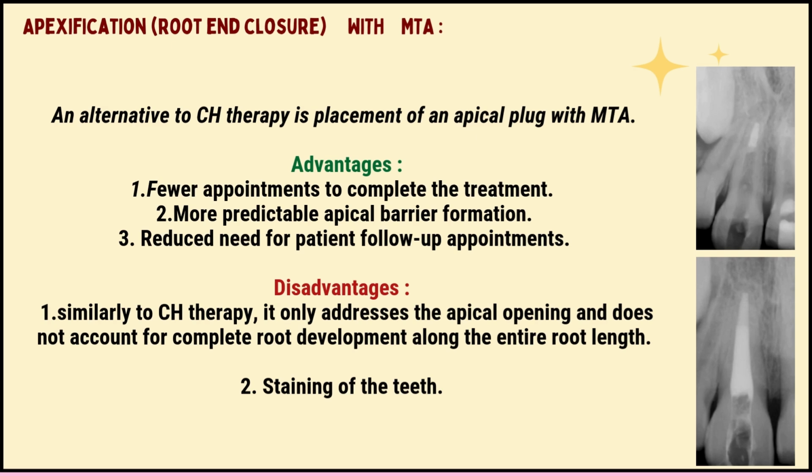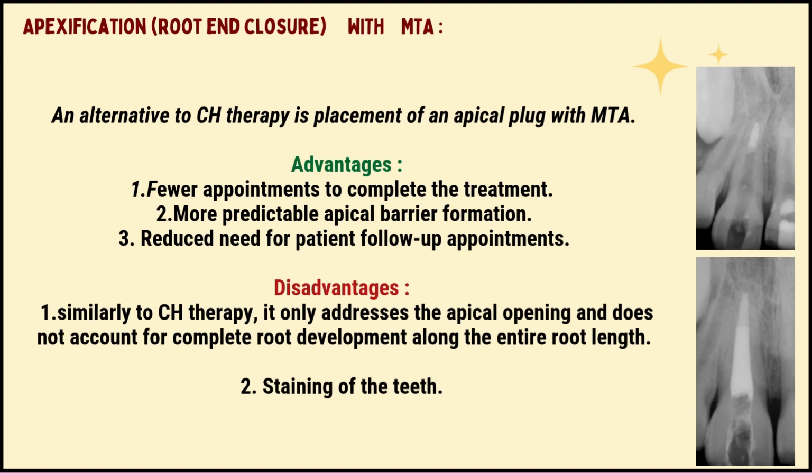And the disadvantages of MTA apexification process are similar to the calcium hydroxide therapy, that is, it just closes the apex with a calcific barrier. It doesn't induce the root development, and in addition, MTA causes staining of the teeth.